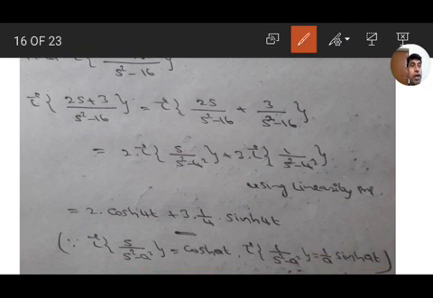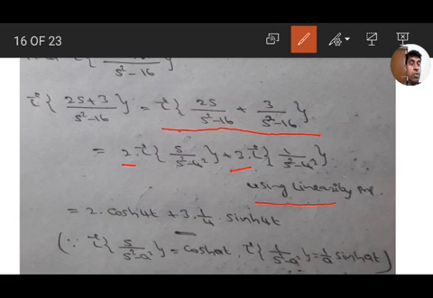First, separate by dividing: L inverse of 2s by (s square minus 16) plus 3 by (s square minus 16), by using the linearity property. Coefficients are outside: 2 into L inverse of s by (s square minus 4 square), 3 into L inverse of 1 by (s square minus 4 square).